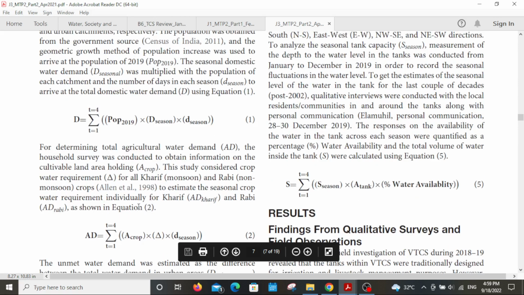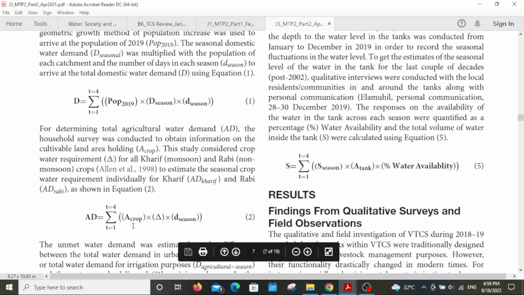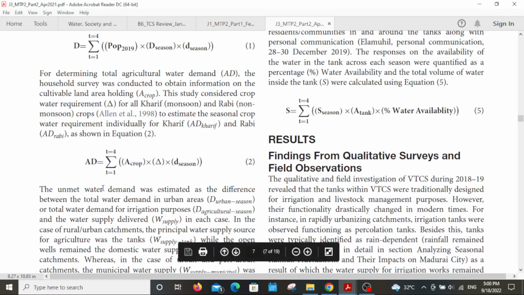total domestic water demand. Similarly, we have estimated the agricultural water demand, and we have seen some calculations in the week 3 investigation. So I hope whatever we covered during week 3, the description regarding equations can be found here in this manuscript, and that's why if the week 3 material and this paper are studied together, then more clarification will be achieved regarding the water supply demand aspects and estimation of basically the water demand.